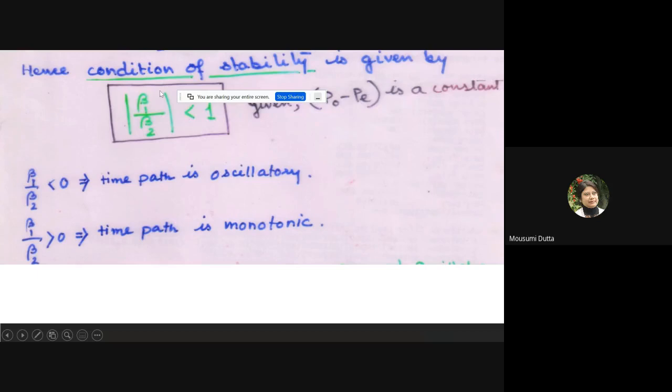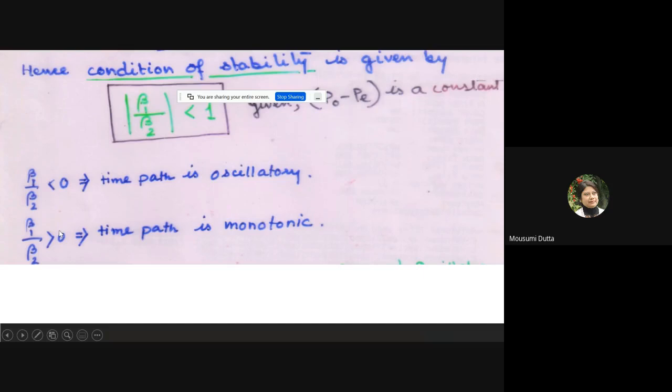If we find mod beta 1 by beta 2 equal to 1, however this value is negative, in that case, we will get uniform oscillation. Actually, this value is -1 then. If beta 1 by beta 2 is -1, the mod value is equal to 1. However, the ratio beta 1 by beta 2 is negative. So in that case, you will get oscillation. However, it will be uniform oscillations.